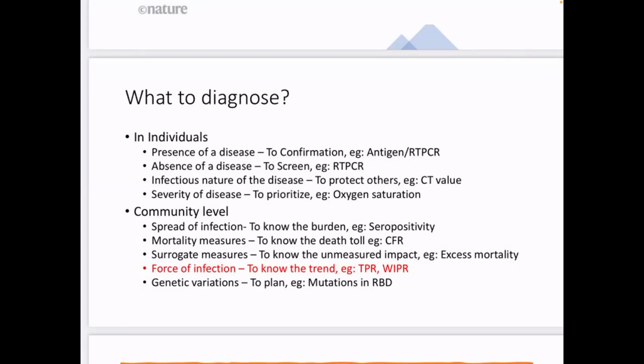I think there is some technical issue with the speaker, so we are trying to resolve it.